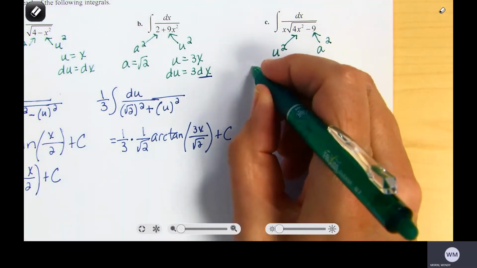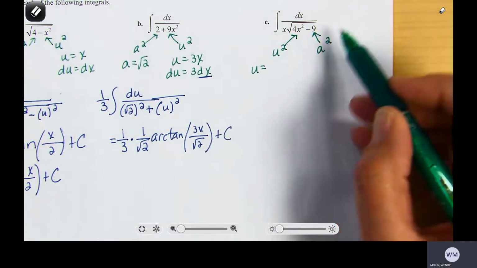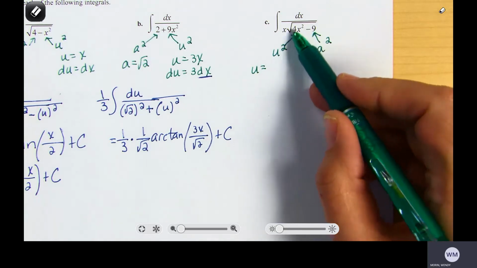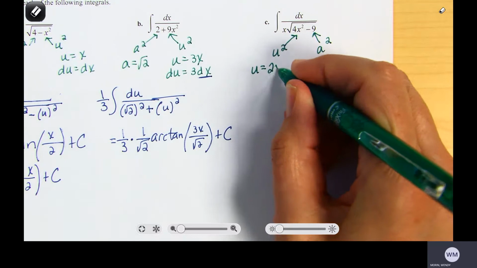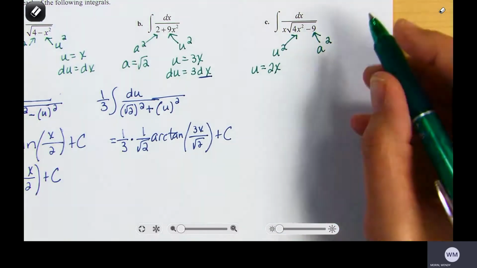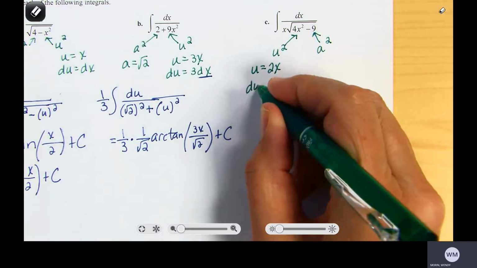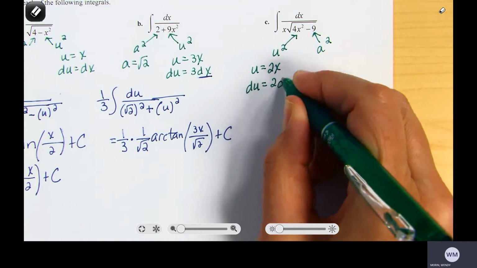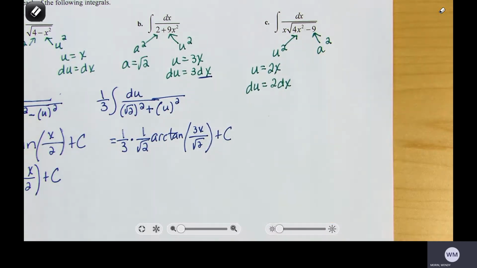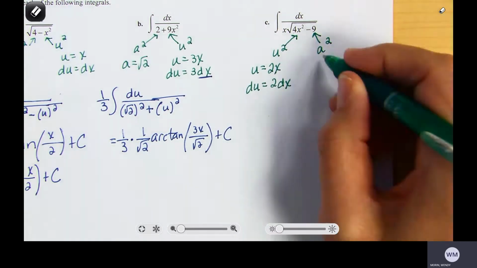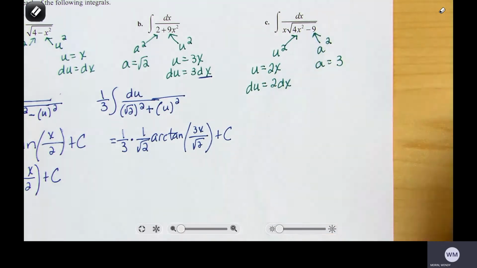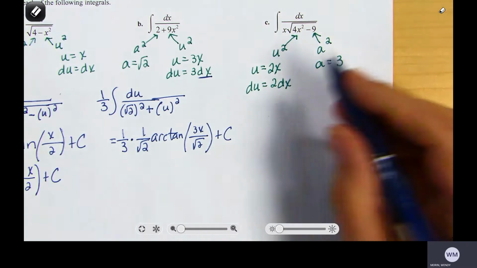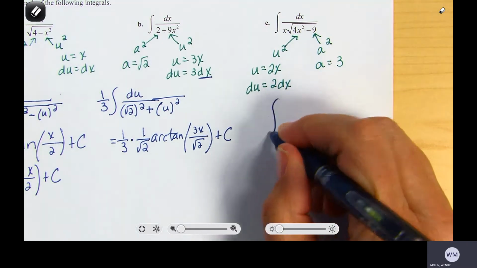So what is u equal to? If this is u squared, so that means that du equals 2dx. And then if a squared equals 9, then a must be 3. Okay? So now we can do our u substitution.